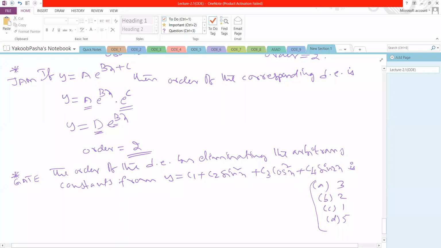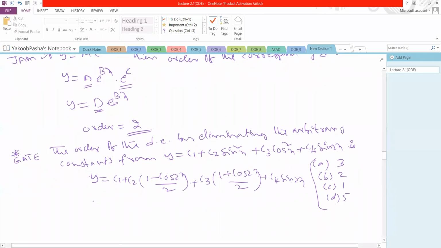Now, let us simplify. y is equal to c1 plus c2 into sin square x, which can be written as (1 minus cos 2x) by 2, plus c3 into cos square x, which can be written as (1 plus cos 2x) by 2, plus c4 sin 2x. So we can write y is equal to c1 plus c2 by 2 plus c3 by 2 as constant terms, and we can take cos 2x common.